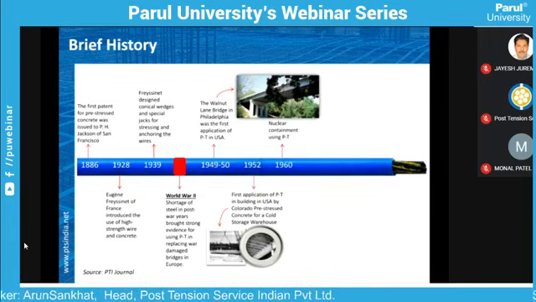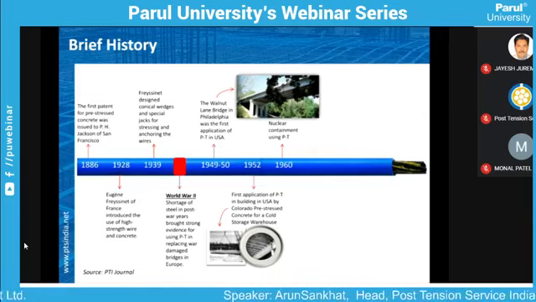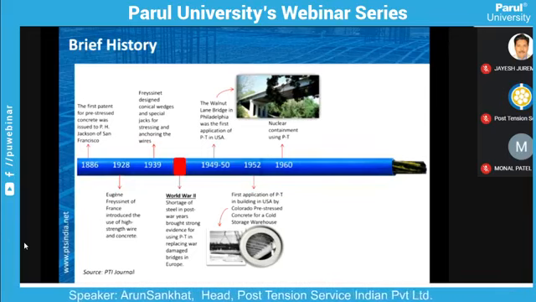In the 1960s, people started experimenting with it in nuclear containment also, and this is how it reached a level of quality which can be applied to nuclear buildings.